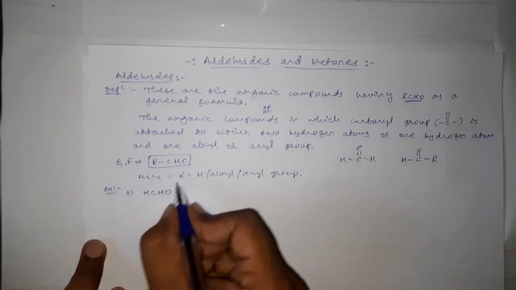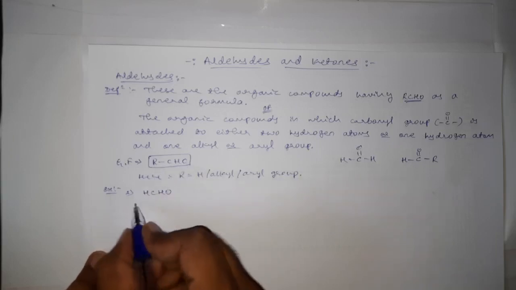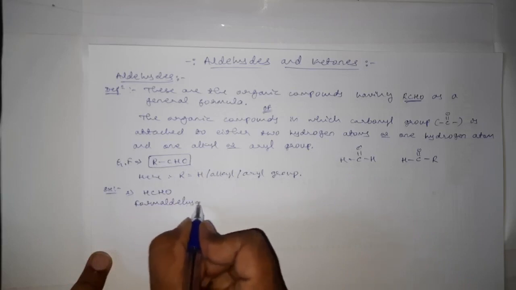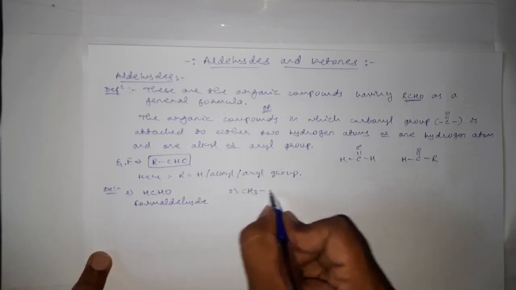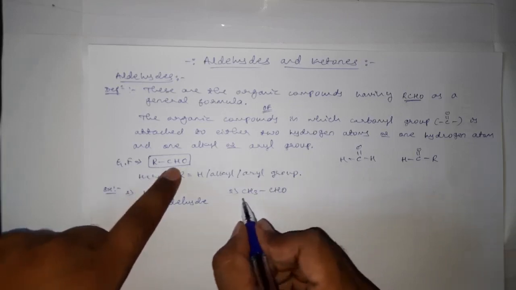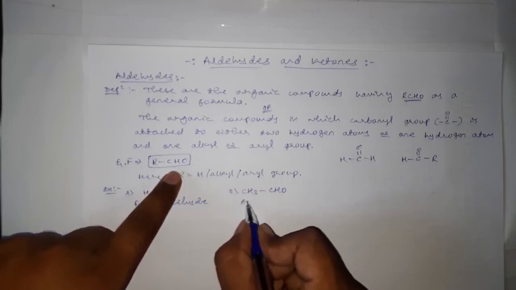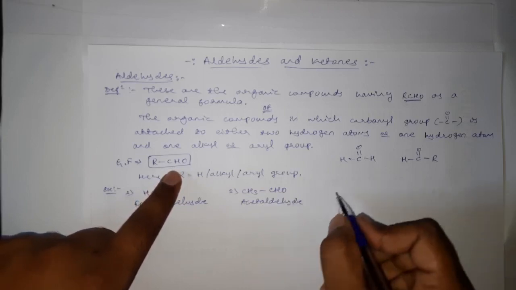HCHO, it is of the form RCHO. Here R is a hydrogen, it is formaldehyde. And you can take CH3CHO, it is of the form RCHO. Okay, and here R is an alkyl group. It is acetaldehyde.